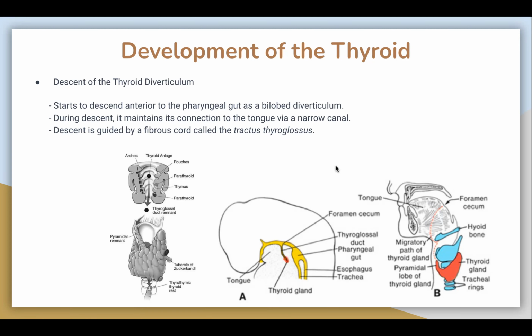You have the thyroglossal duct, that should eventually involute, or close. The descent is guided by a fibrous cord called the tractus thyroglossus, or the thyroglossal tract. That is a fibrous cord that guides the descent of the thyroid.